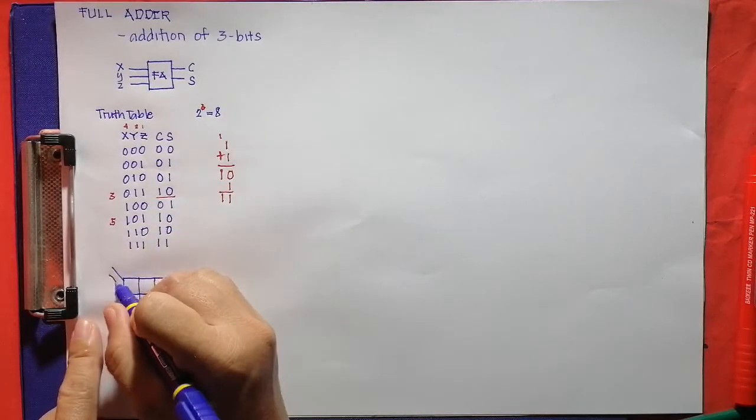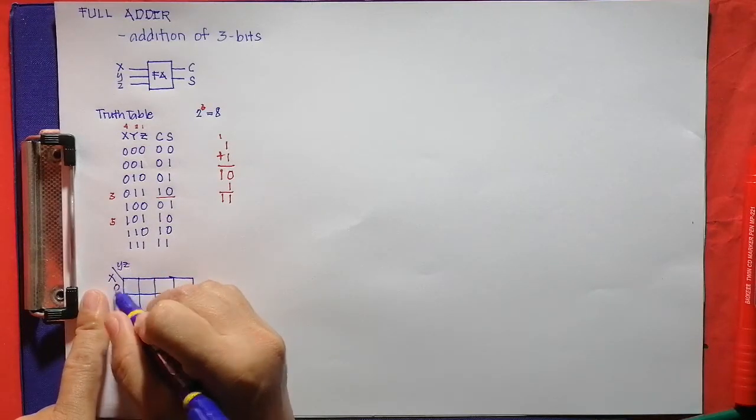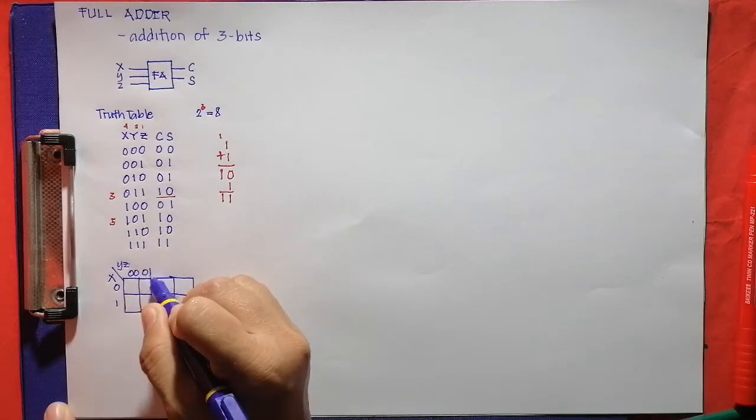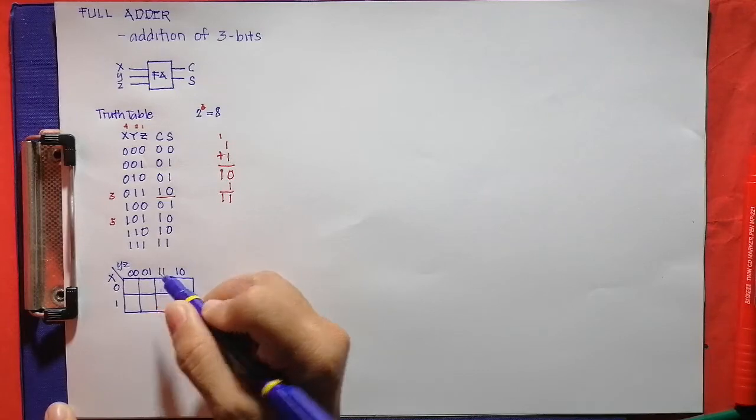So this would be X, Y, Z. So this will be labeled as 0, 1. So we have here 00, 01. Take note 10 is written in here, and then 11.